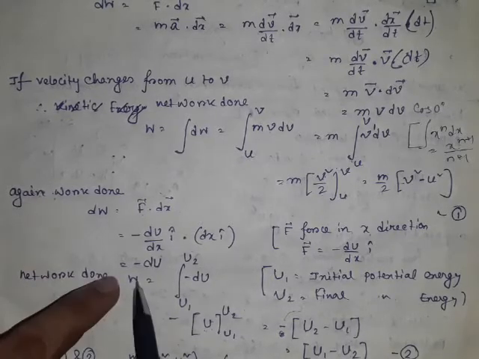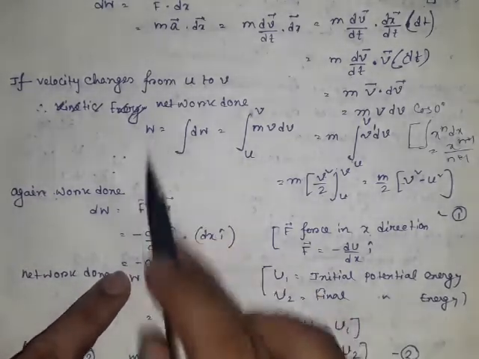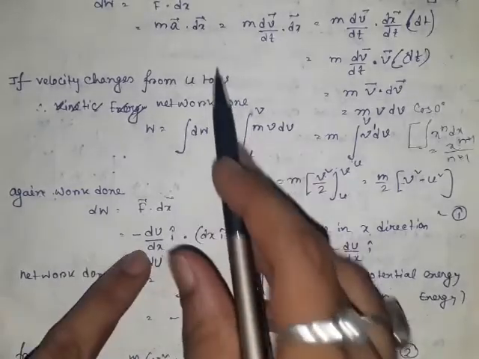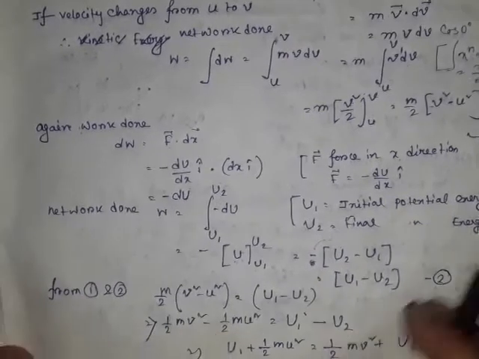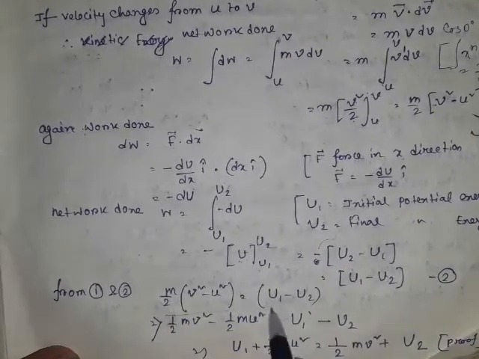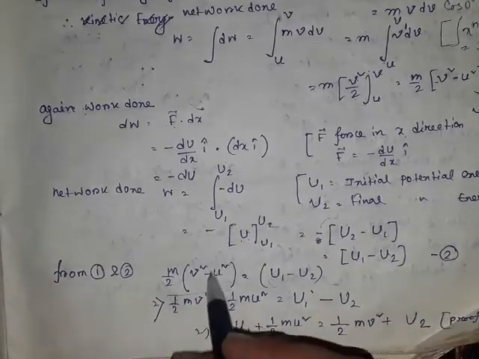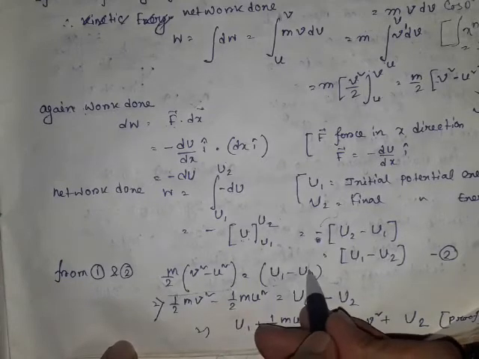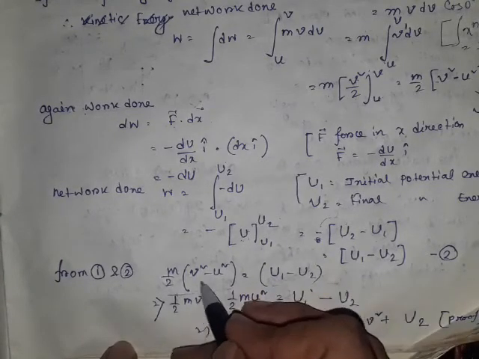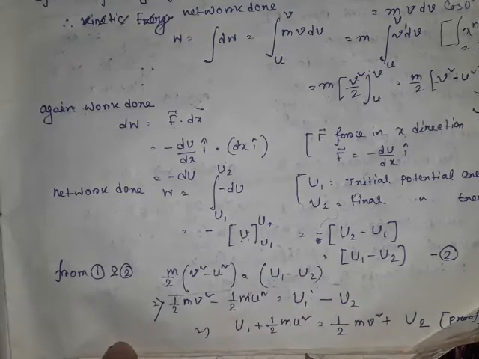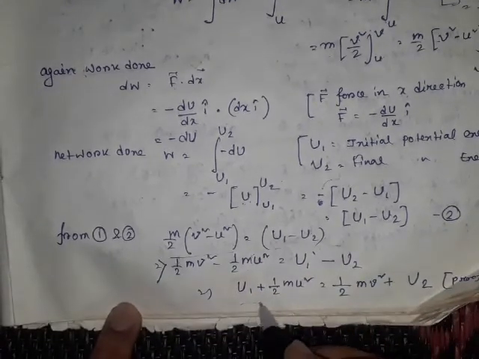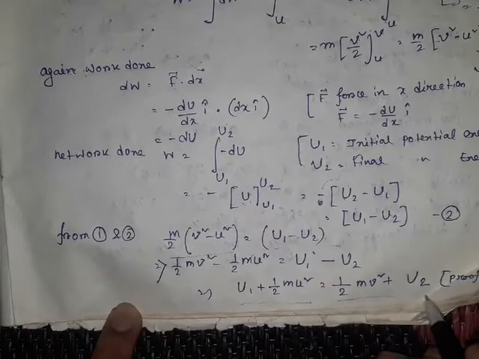Now work done must be the same, because we are talking about the same phenomenon. So we can equate these two equations, and take this U2 from here to here, and half of m u square from here to here, we get U1 plus half of m u square equals half of m v square plus U2.